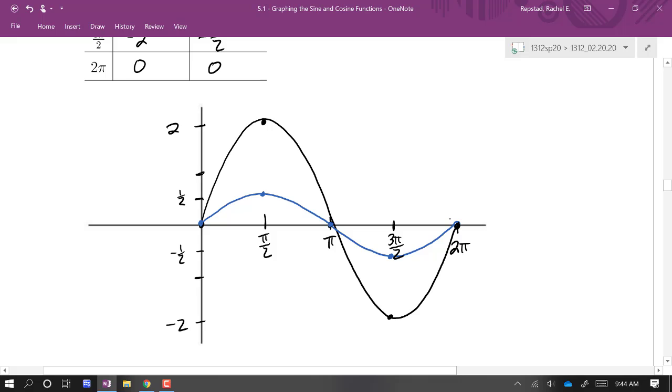The overall behavior of the function is the same. We still get this sort of wave curve for the function. What changes?